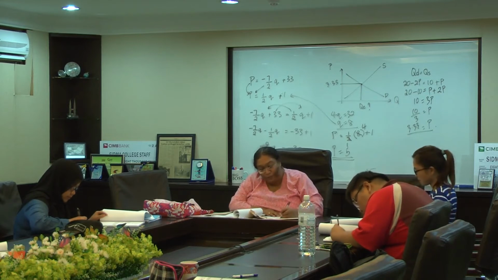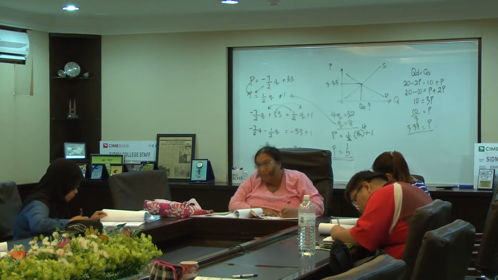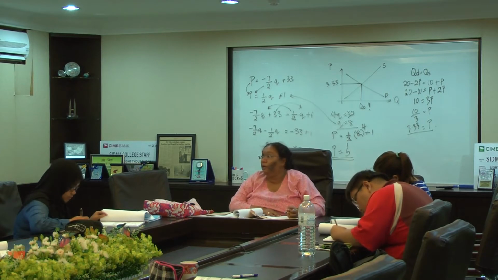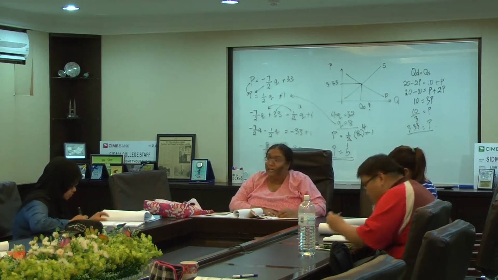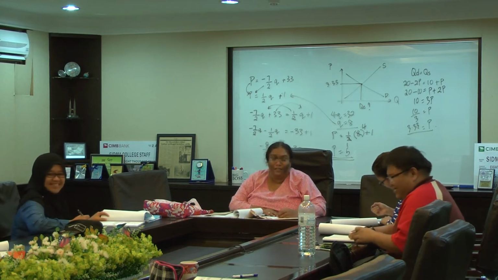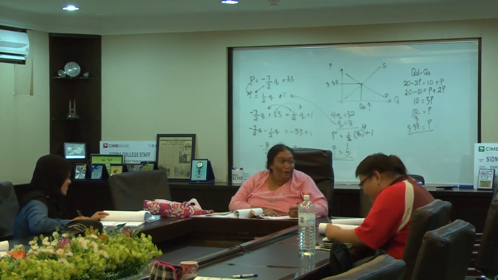So what is Q? 112. 80 plus 2 times 16, kan? Guys, you're using calculator also like koyak case. I'm using mental calculation here. Correct or not? Yeah.